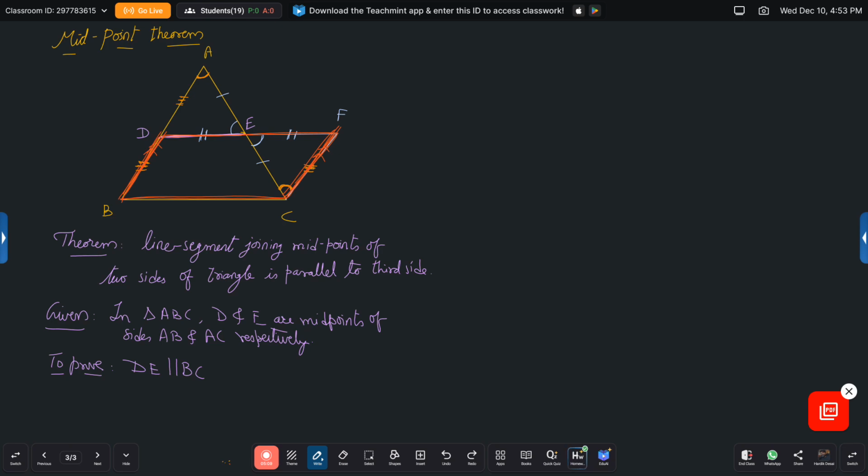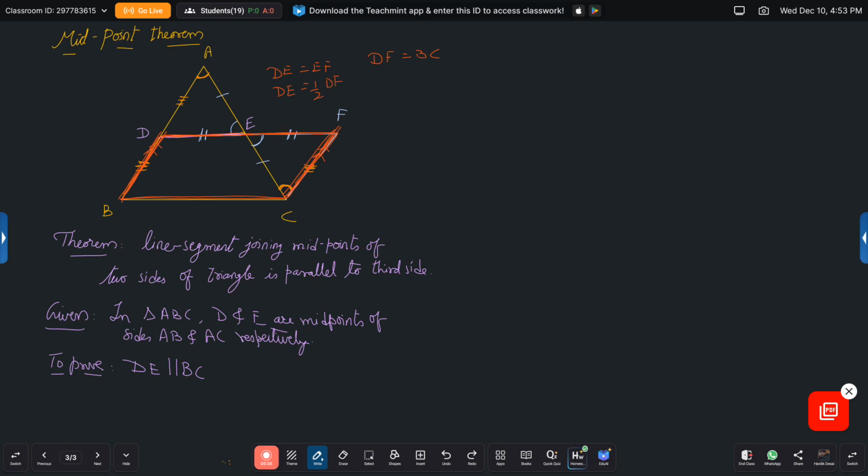Now we know that for a parallelogram, opposite sides are equal. So DF is equal to BC, isn't it? But we also know that we have constructed EF such that DE is equal to EF. That means DE is half of DF, isn't it?